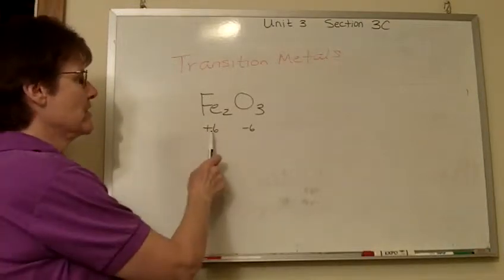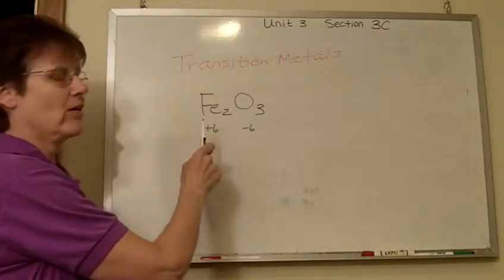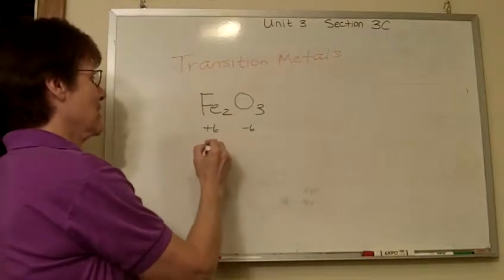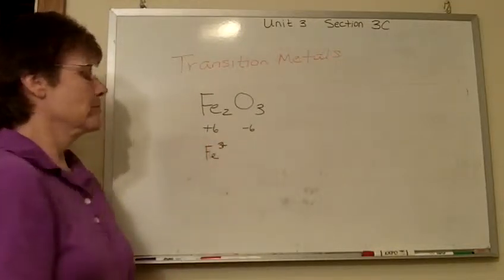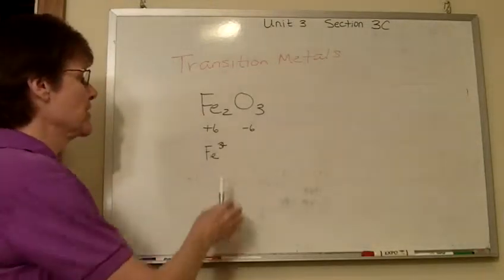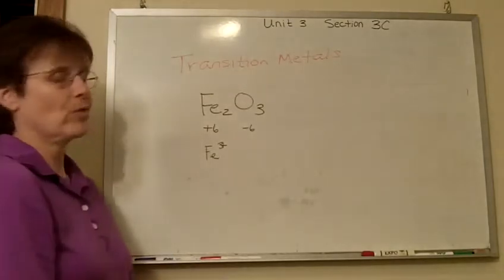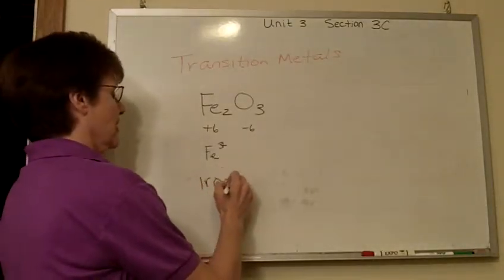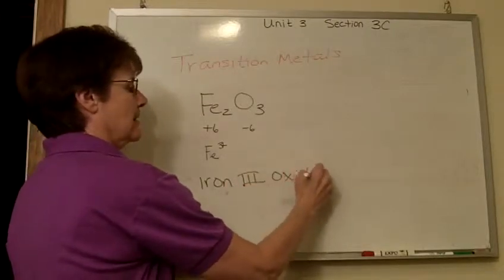But that +6 is the sum of 2 ions of iron. So each one must have a charge of 3. Because if this has a charge of 3 and there's 2 of them, I get a total charge of +6. So that tells me that I have iron 3 oxide in this case.